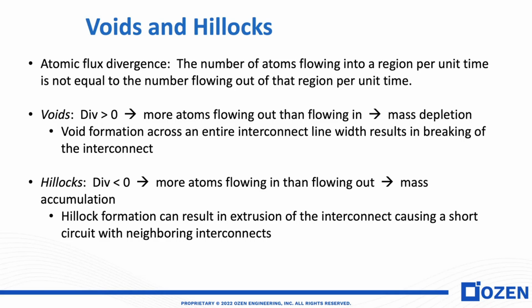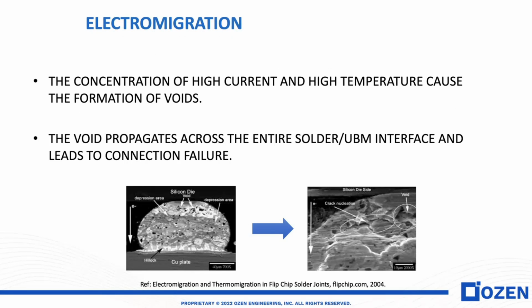If that flux divergence is a positive number, that means there are more atoms flowing out than flowing in. That's mass depletion, meaning there are going to be void formations. When it's a negative number, that means there are more atoms flowing in than flowing out, and that's going to result in mass accumulation. And we have seen pictures of that.